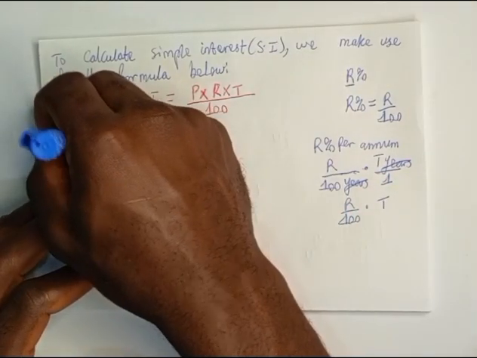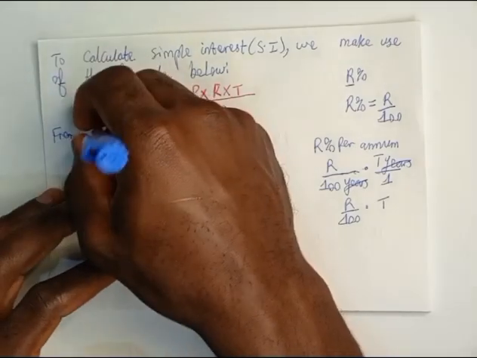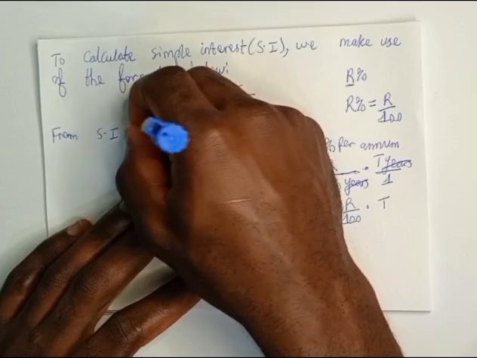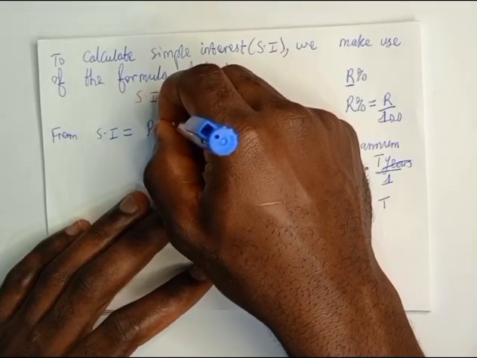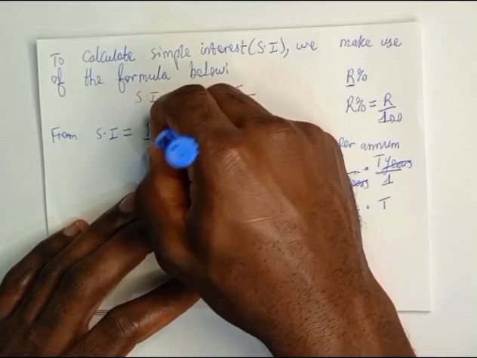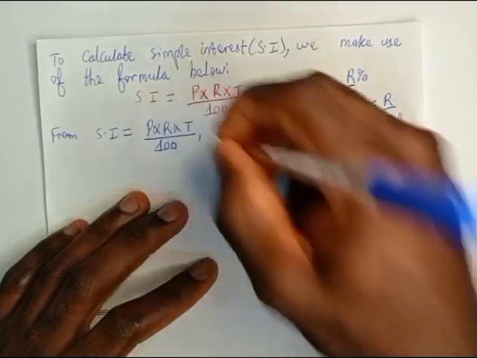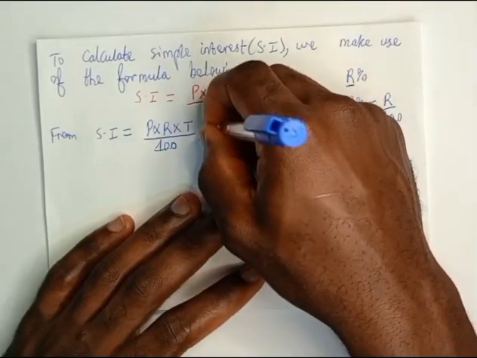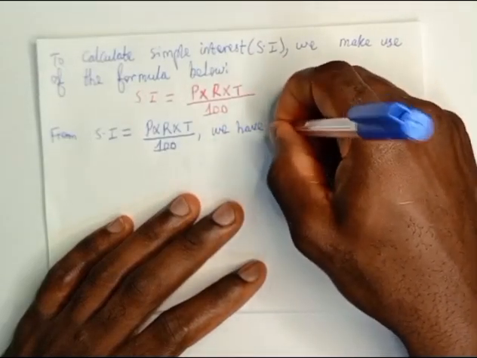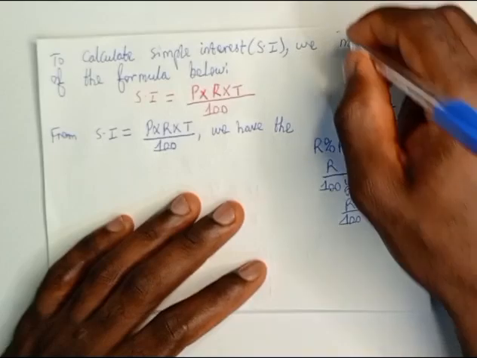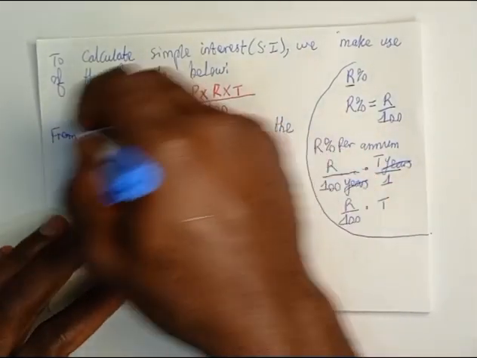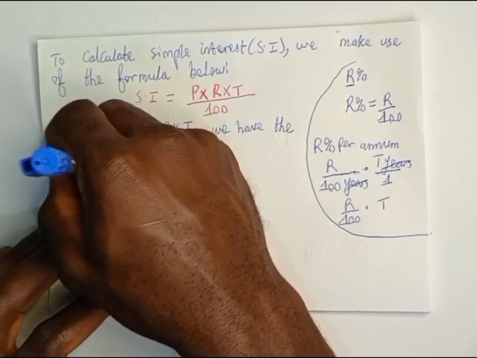We take this down from simple interest equal to principal times rate times time all over 100. Taking out of this is our rough work, we have the following.